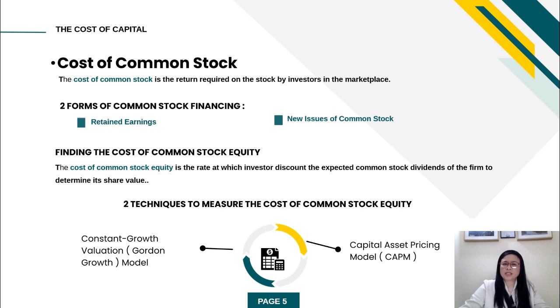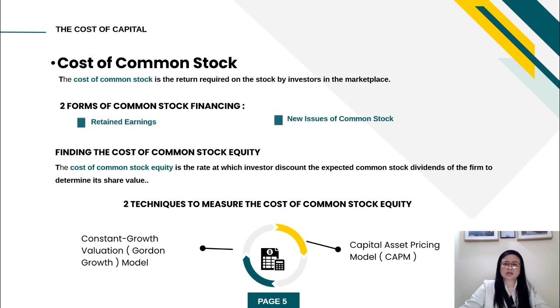And why is it important? The cost of common stock is a key component of a company's cost of capital. It helps evaluate long-term projects, investments, and financial decisions, ensuring returns meet or exceed shareholder expectations.